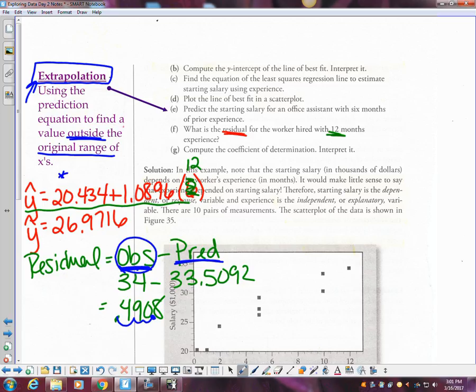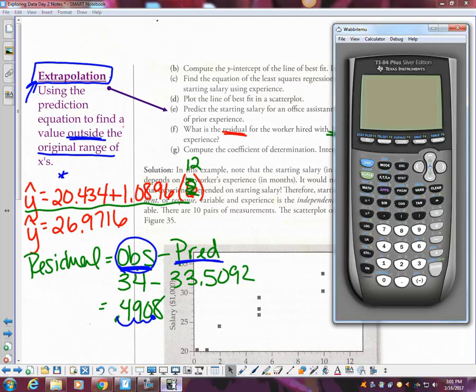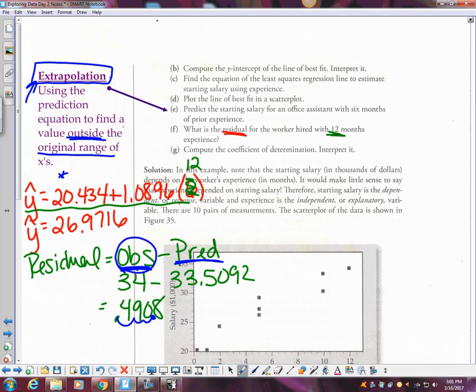Okay, then G says compute the coefficient of determination and interpret it. All right, our coefficient of determination was 0.817.